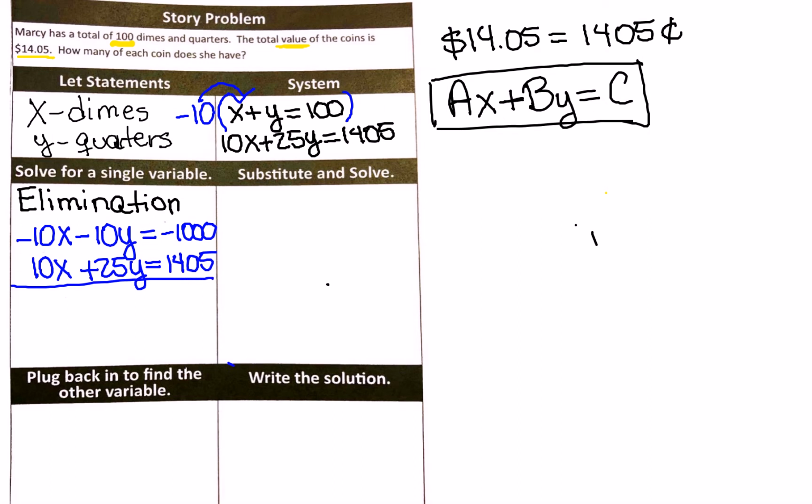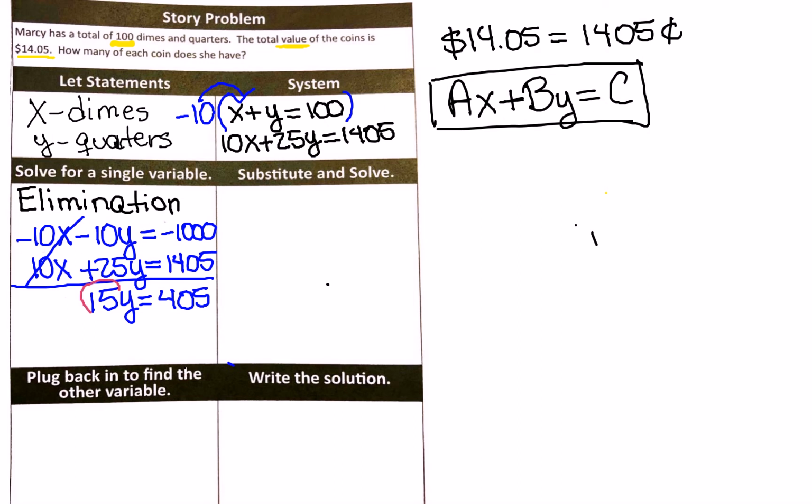Now I just have to add them up. Those two will cancel. Negative 10y plus 25y is positive 15y, and that equals negative 1000 plus 1405, which is 405. Now I just have to solve for y.